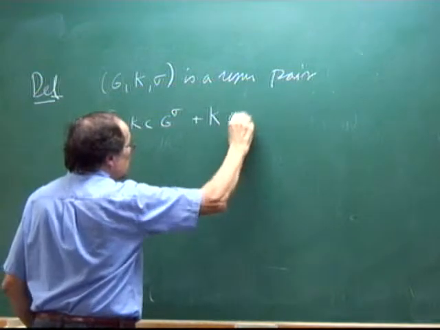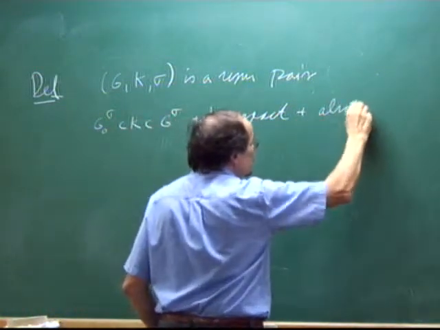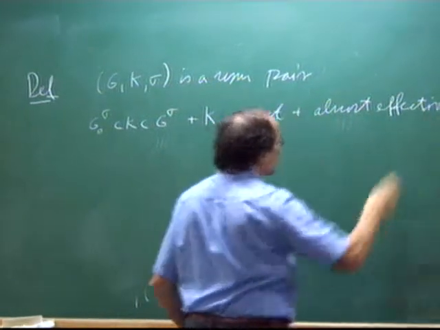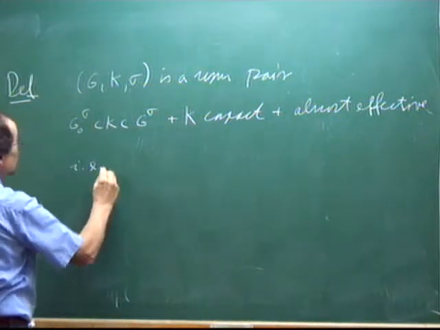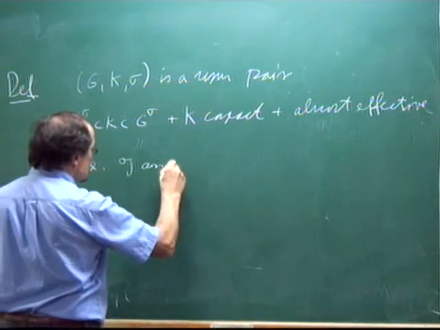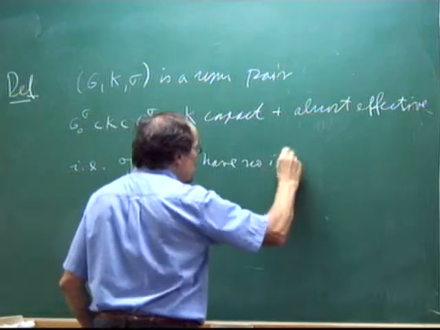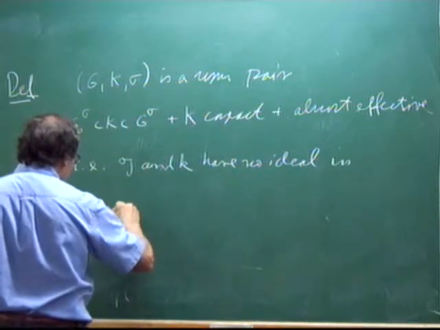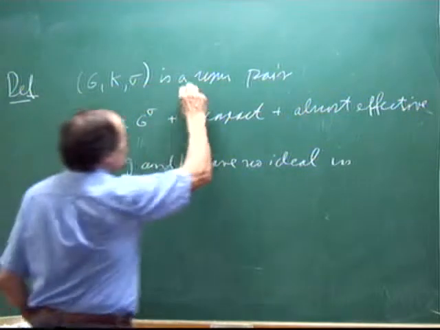Plus K compact. But I now also want to add the assumption almost effective. And remember, almost effective was the same thing as saying that G and K have no ideal in common. So that was another way to think of something being almost effective. So I call that a symmetric pair.